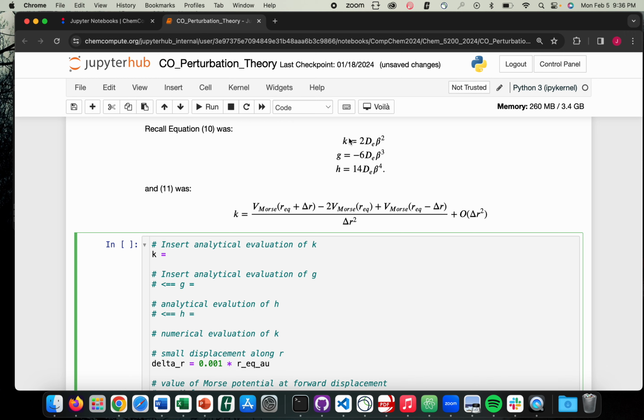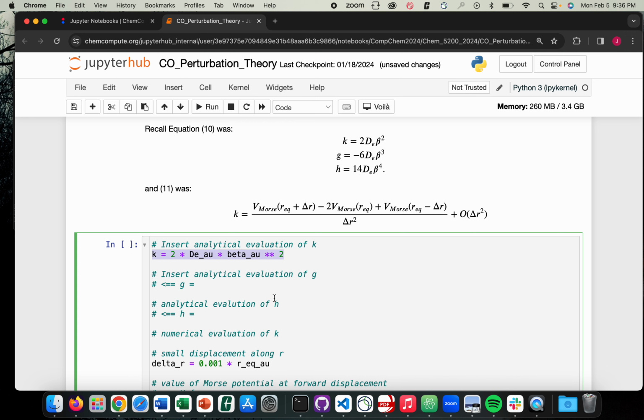So I can see right above, my expression for K is 2 times the dissociation energy times beta squared. So I want to use that expression, and I just need to make sure that I'm using the versions of these variables that are in atomic units. So dE underscore AU is the dissociation energy in atomic units, and beta underscore AU is beta in atomic units. Okay, and so there we go.